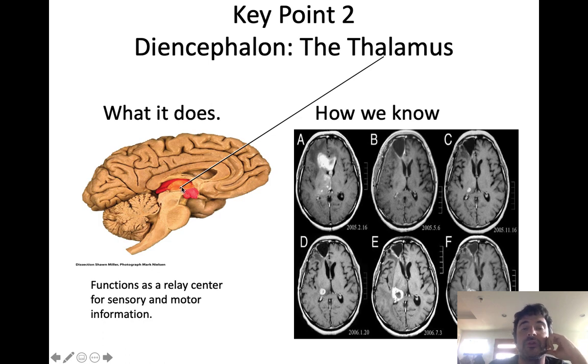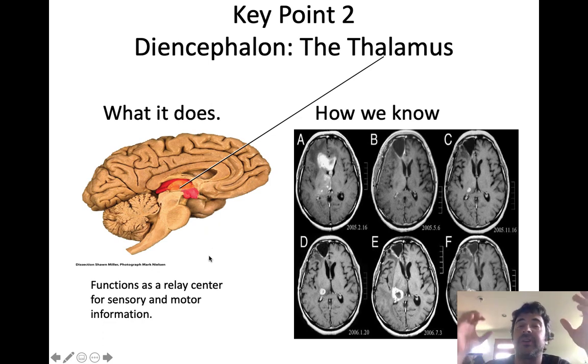We're going to start our discussion of the diencephalon. If I circled this region and asked you to identify the major region of the brain, that'd be the diencephalon. If I pointed at this and asked you to identify the first structure that makes up the diencephalon that we're going to talk about, it is the thalamus.